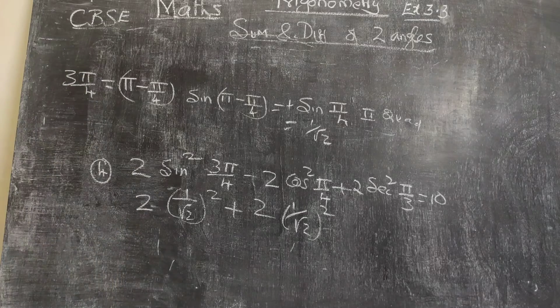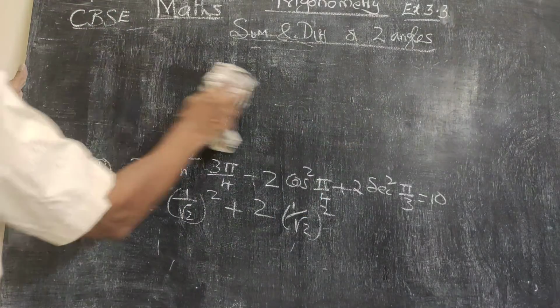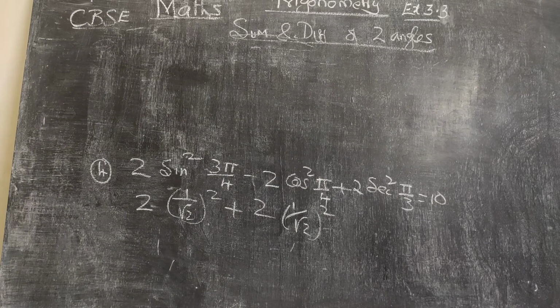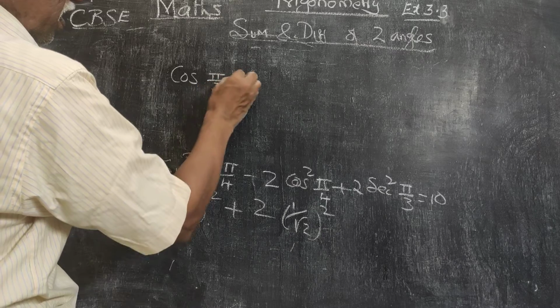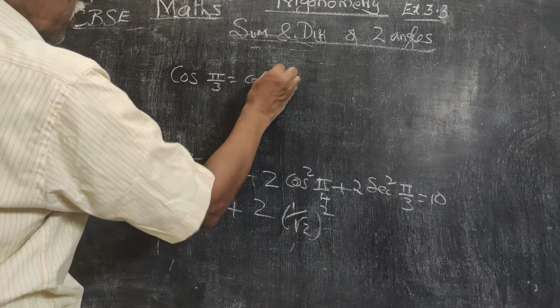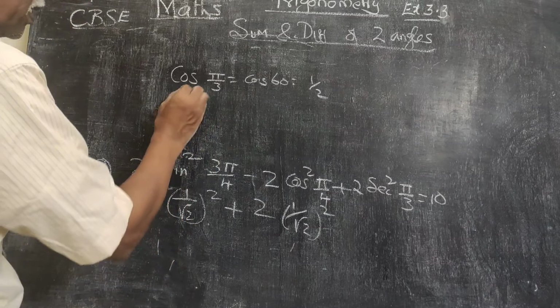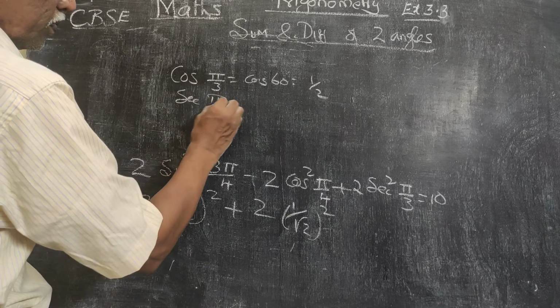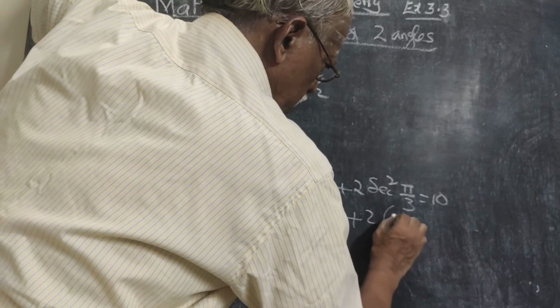Secant square pi by 3. Cos pi by 3, that is cos 60. Cos 60 is 1 by 2. Therefore secant 60 is 2. So this will be 2 into 2 square.